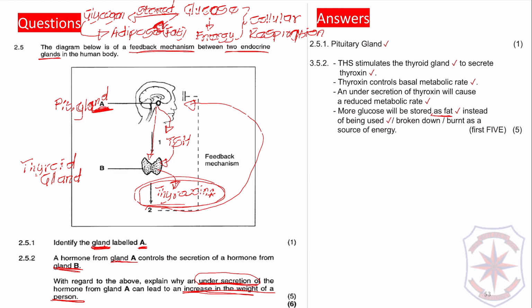Undersecretion of thyroxin will cause reduced metabolic rate, or here you can say reduced cellular respiration, or you can say will reduce the breakdown of glucose. That will be fine. More glucose will be stored as fat instead of being used, or instead of being burnt, or instead of being broken down as a source of energy. Okay, so that is the 5 marks. It means we need to move on to the next activity.